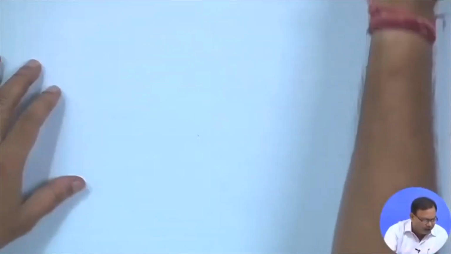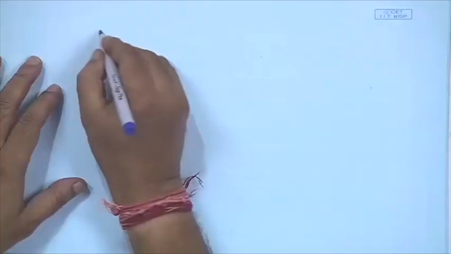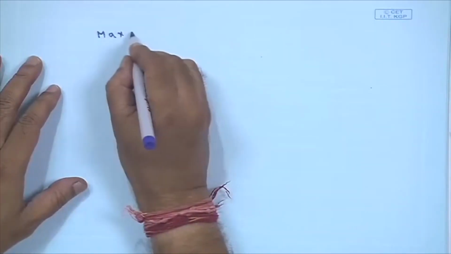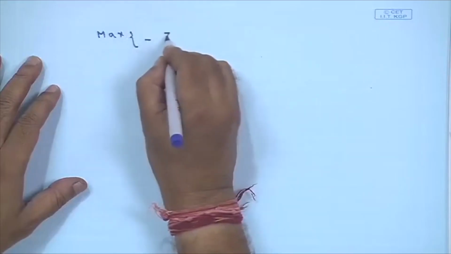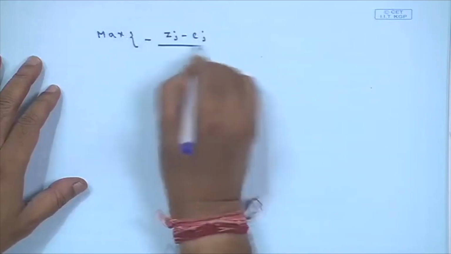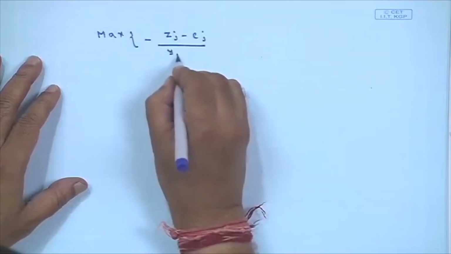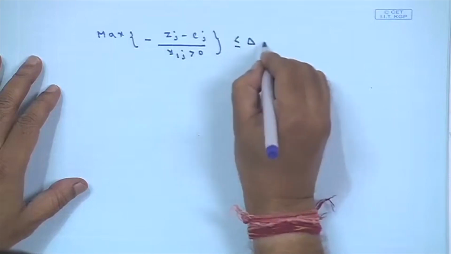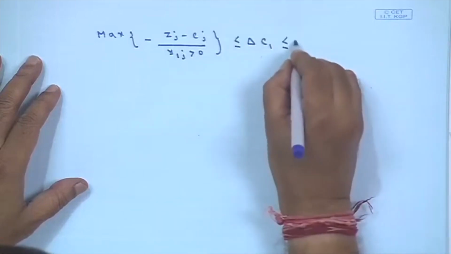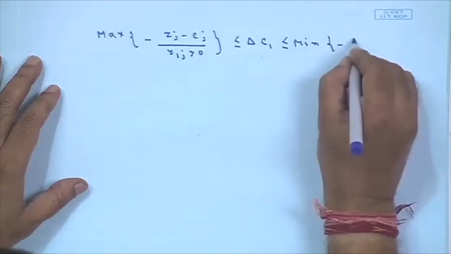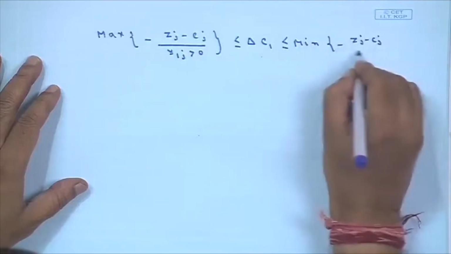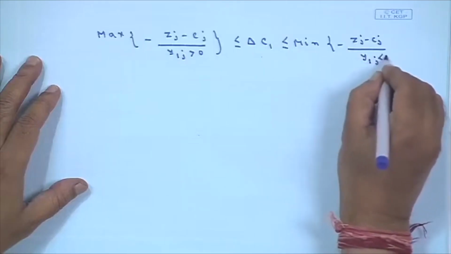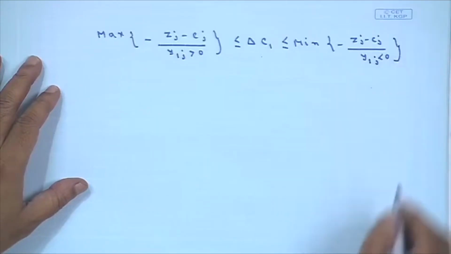Range of delta C1, if you remember, this is from the earlier lecture, we have already told: maximum of minus (zj minus cj) by y1j, where y1j is greater than 0, less than or equal to delta C1, less than or equal to minimum of minus (zj minus cj) divided by y1j, where y1j is less than 0.